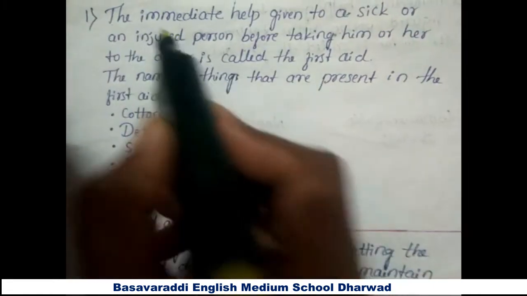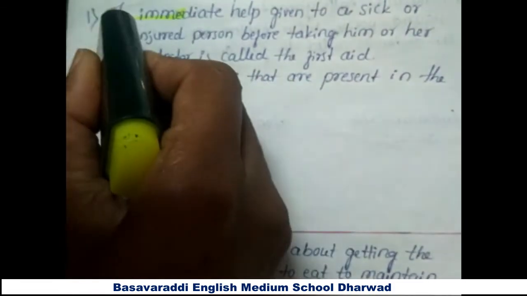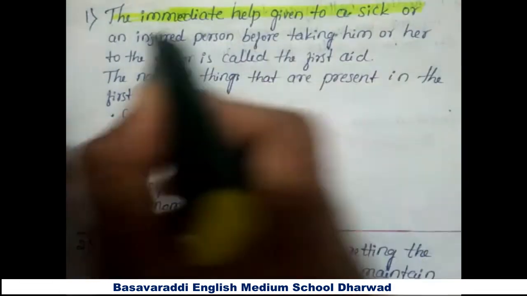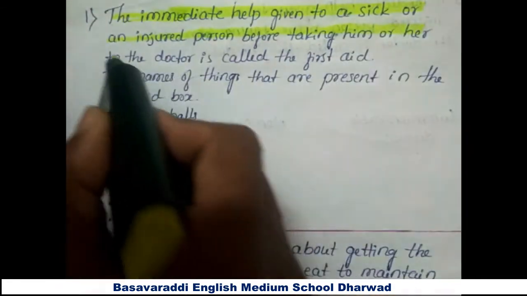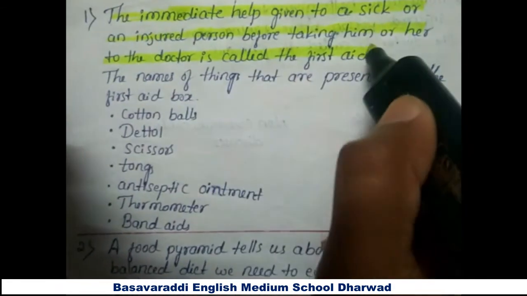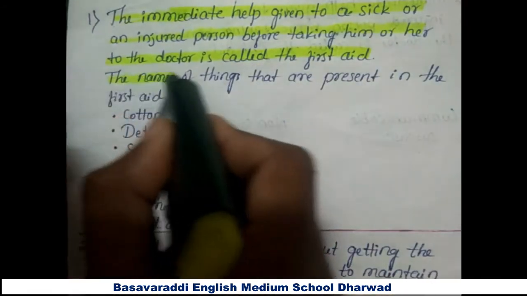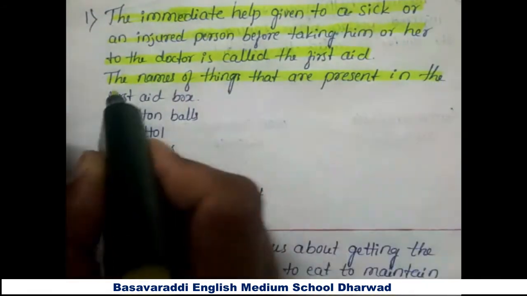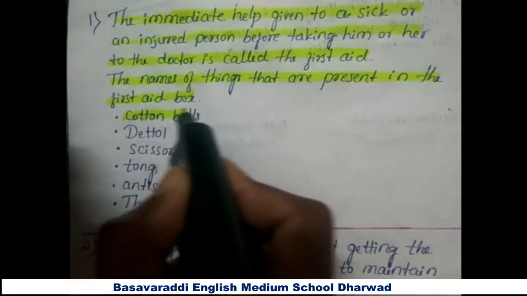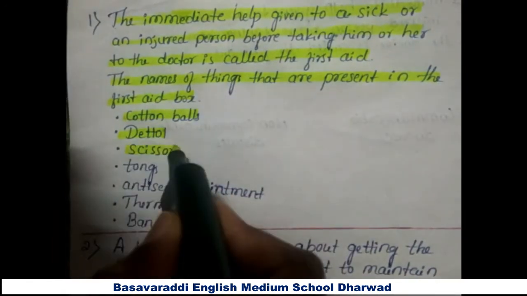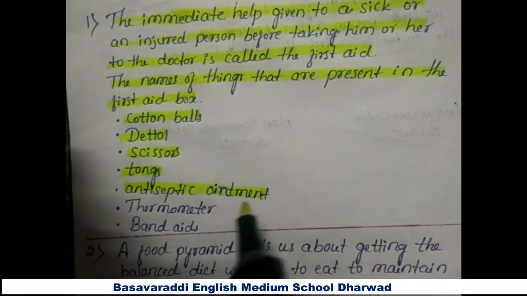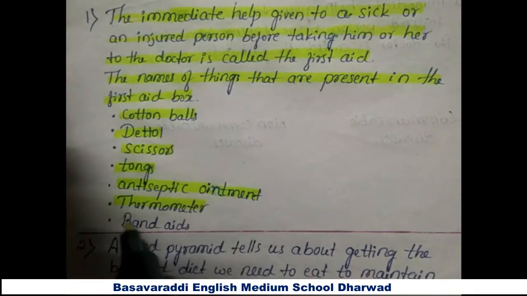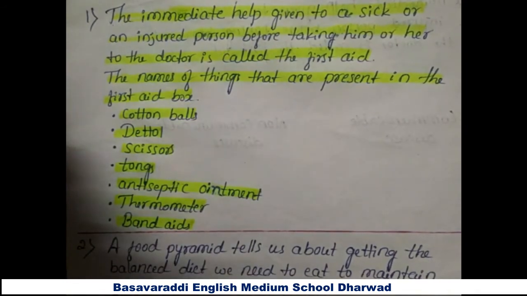Answer, the immediate help given to a sick or an injured person before taking him or her to the doctor is called first aid. The things that are present in the first aid box are cotton balls, Dettol, scissors, tongs, antiseptic ointments, thermometer, band-aids.